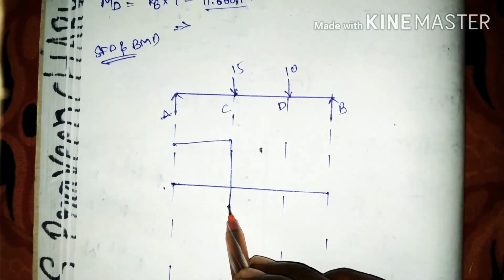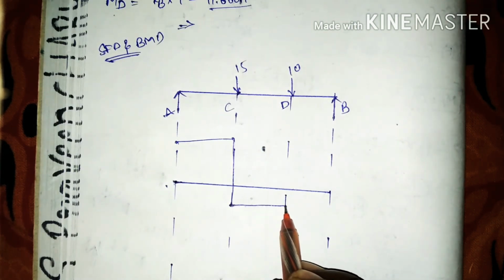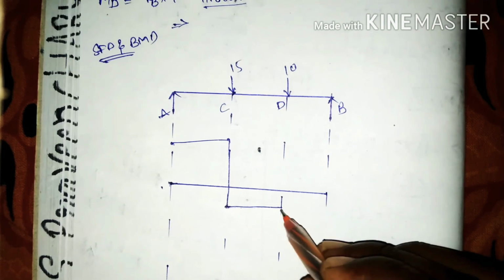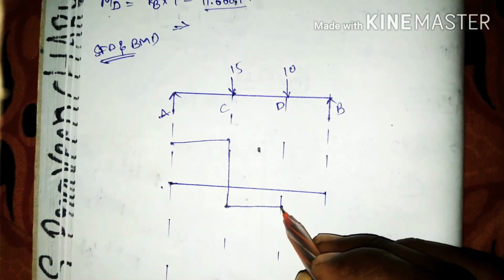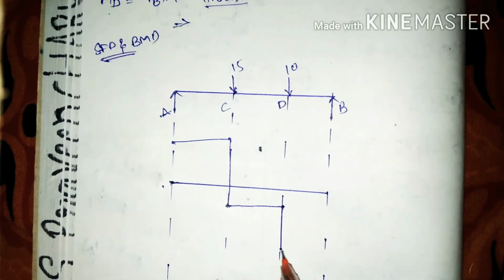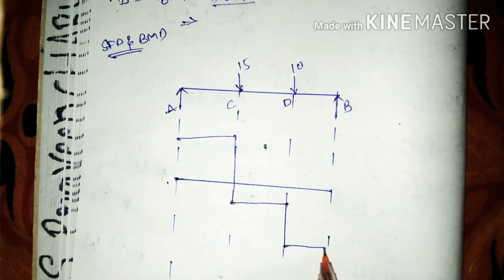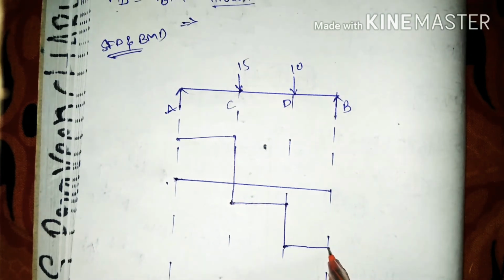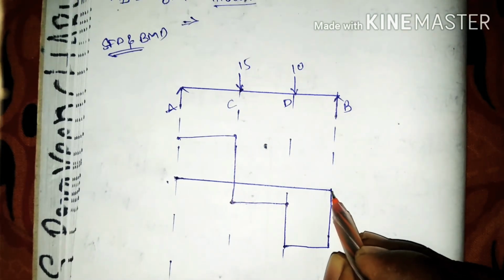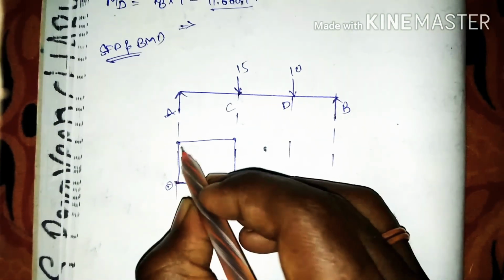Moving to D, for the left of D it is the same, minus 1.667. Thereafter it is minus 11.667. For the left of B it is the same, and for the right of B it is 0 on the reference line. This is the shear force diagram.